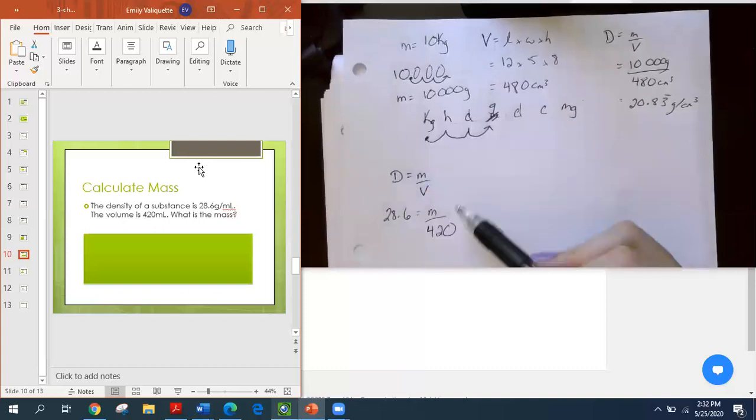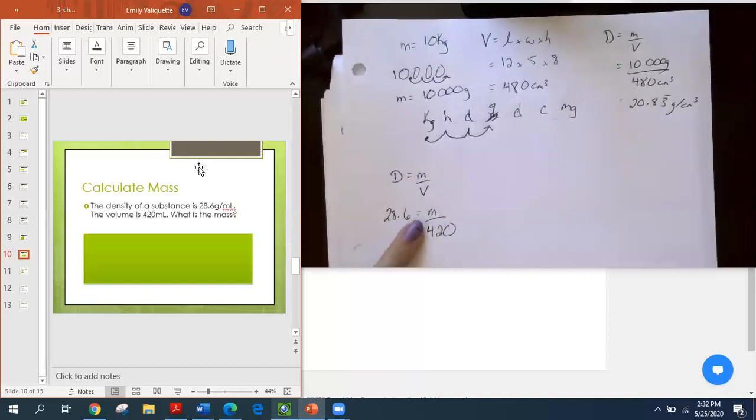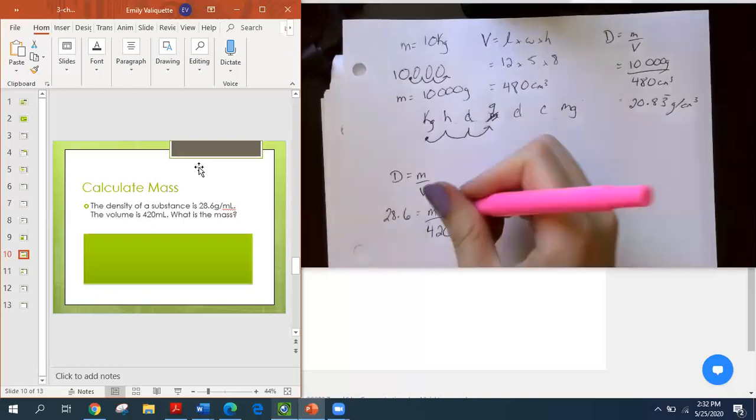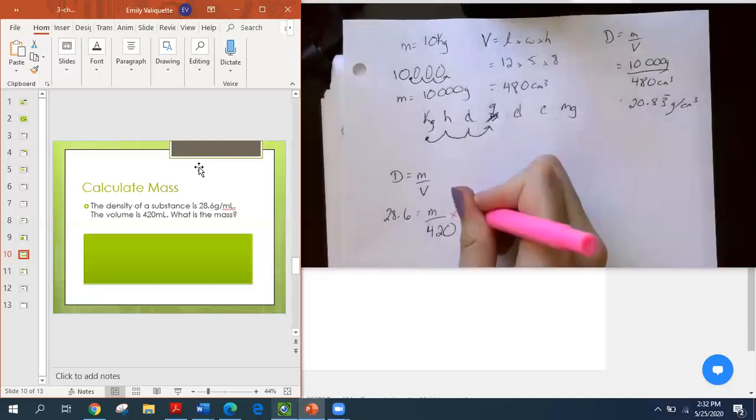And then in order to isolate M, we have to move the bottom of this fraction here to the other side. And because this is division, to move something to the other side of the equal sign, we use opposite operations. So the opposite of division is multiplication. So I will multiply by 420.